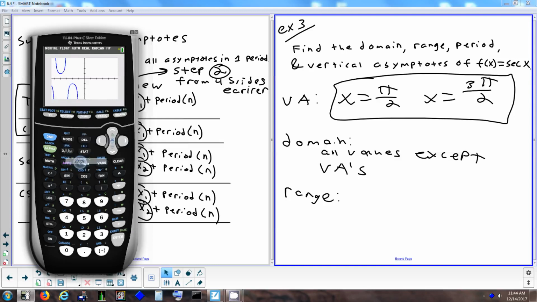Does it hit every value in between going up and down forever? No, there's a gap. There's a gap in the middle that it never gets to. Does anyone have a guess what the minimum is? 1. Yeah. So this is going to hit every value from 1 and up. Okay, so that's part of it.